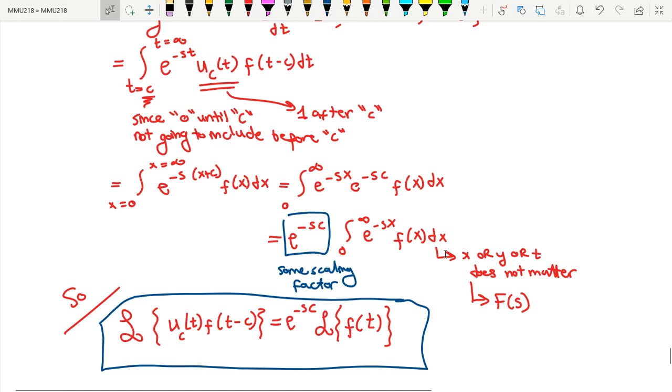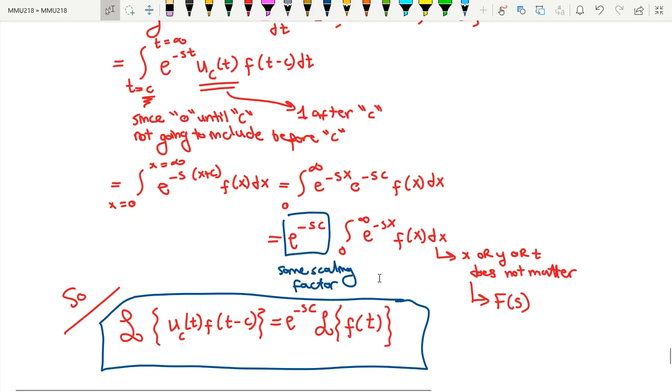Whenever I put t over here, this looks like my kernel. That's the essence of transformation: independent of which variable I'm using, it changes into another variable which I'm familiar with. In this case, it's s. Capital F of s is hidden here.